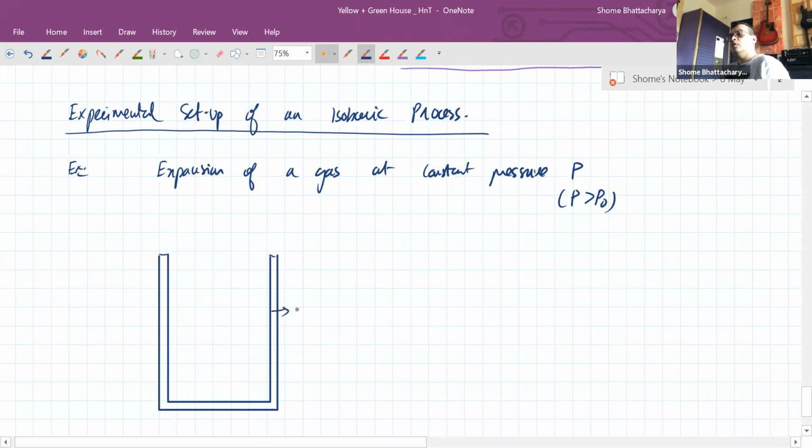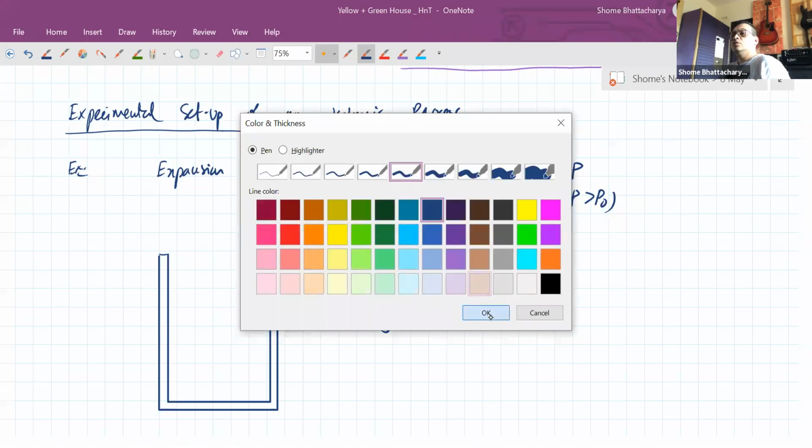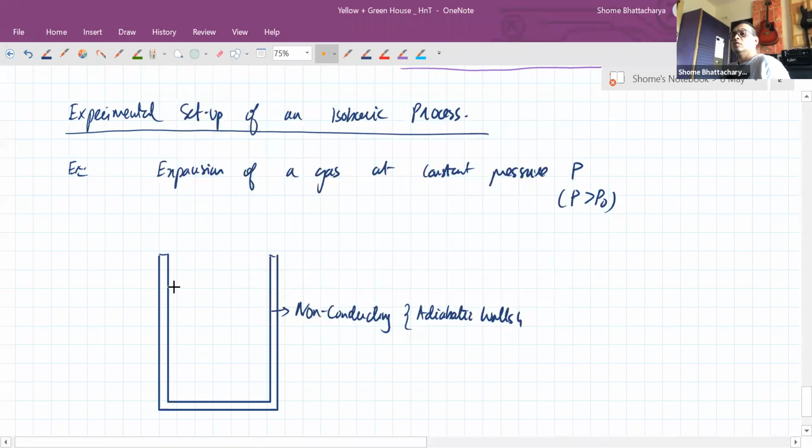So these are what we call non-conducting or adiabatic walls of a container. Okay, and there is also a free piston.